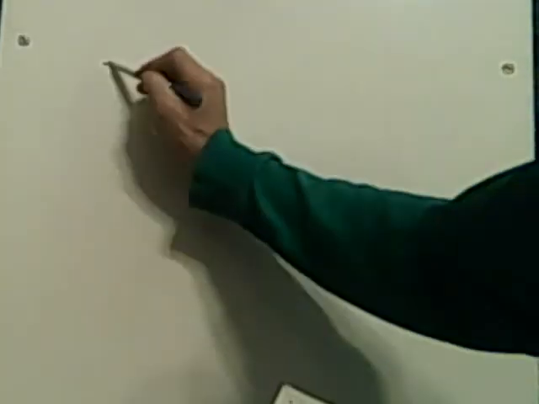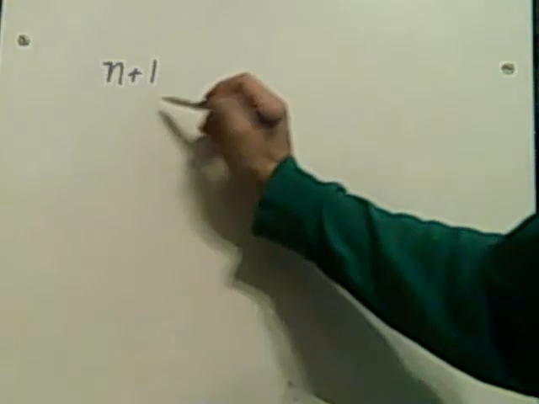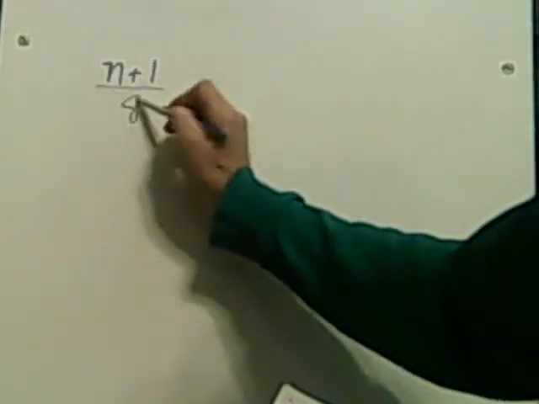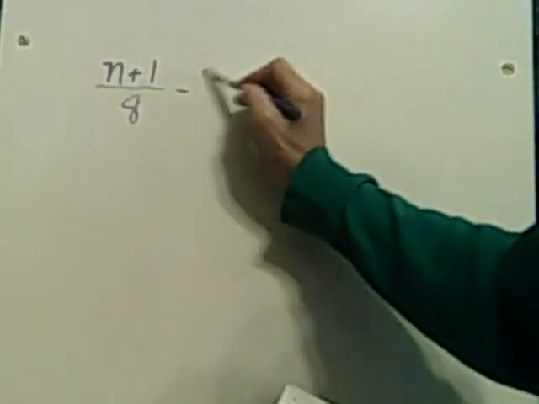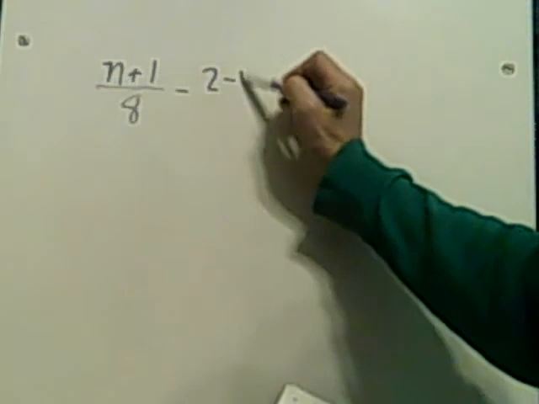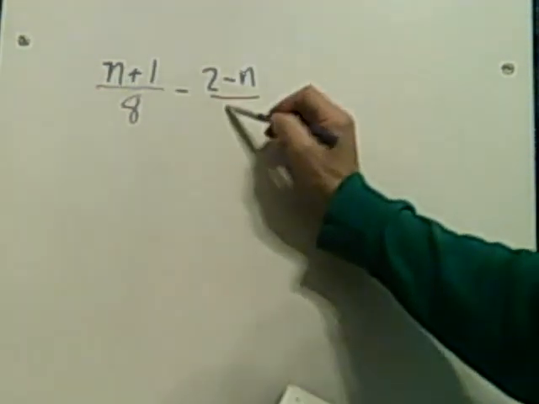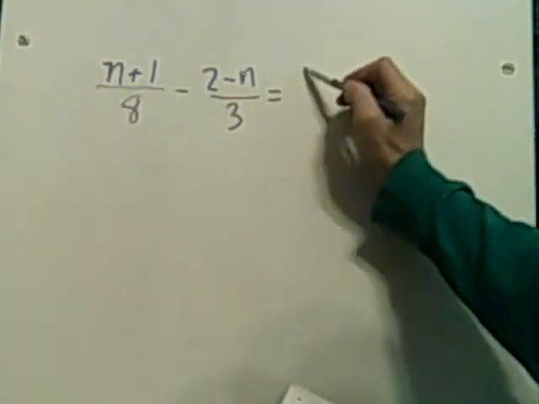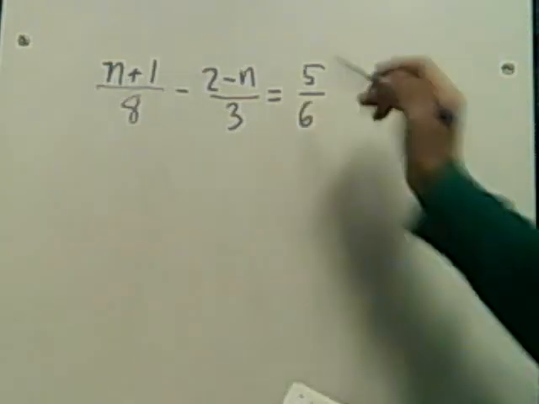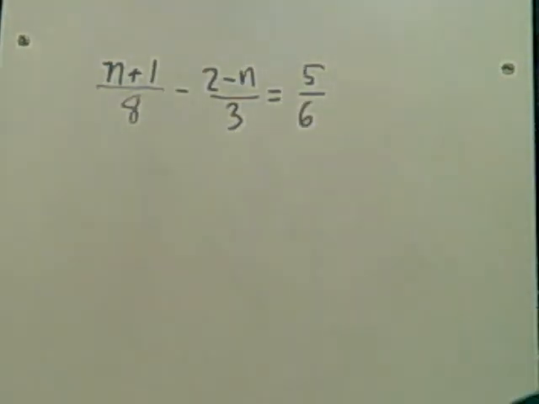Okay, n plus 1 over 8 minus 2 minus n over 3 equals 5 over 6. So this is just like doing exercises.